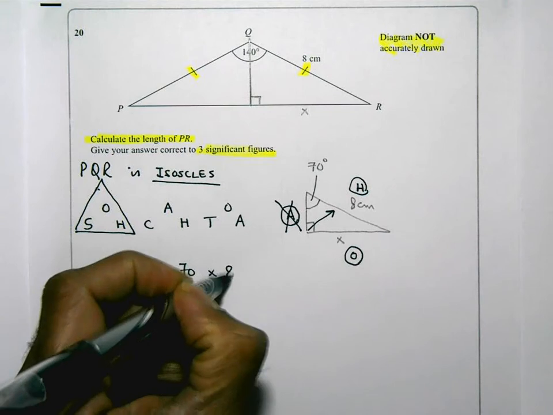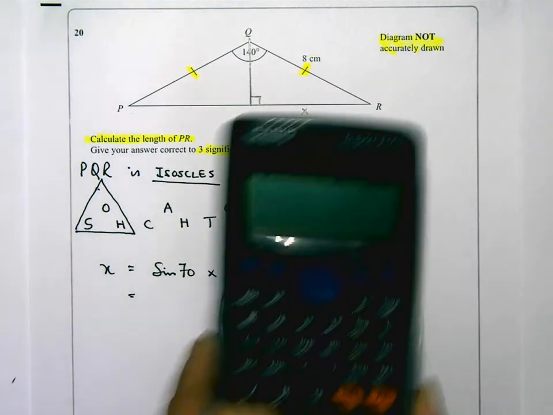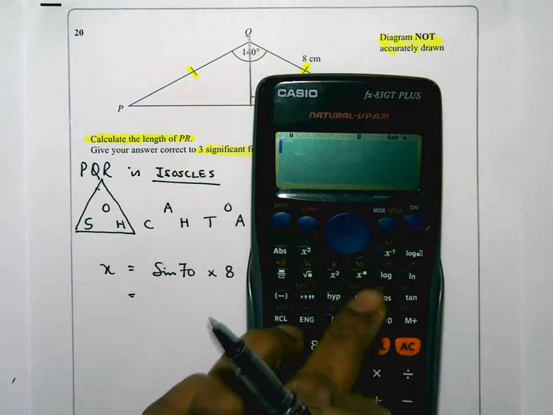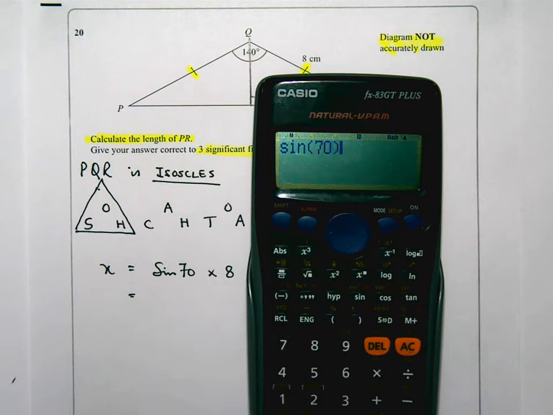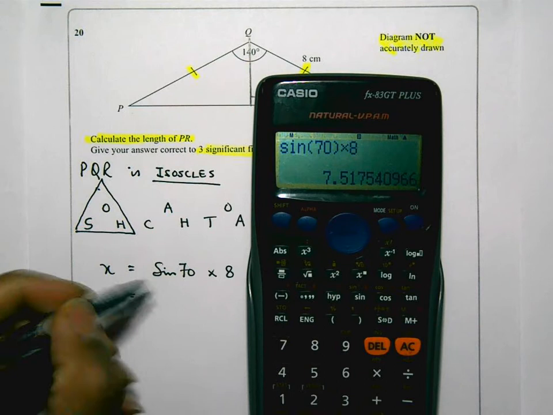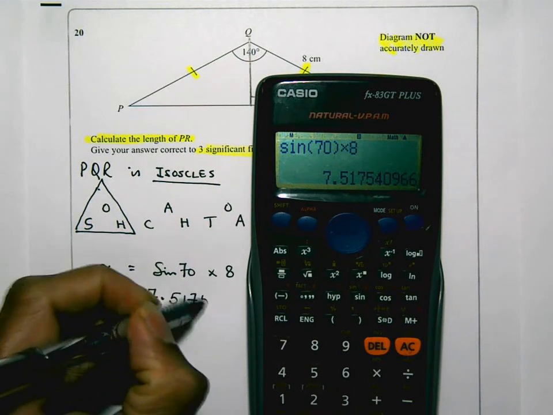That would give me the length X. So I need to use the calculator for this. Sine 70, don't forget to close the bracket, times it by 8, and that is going to give you 7.51754, and so on.